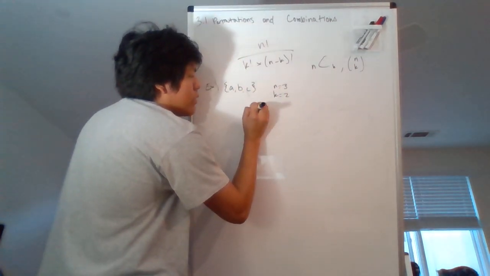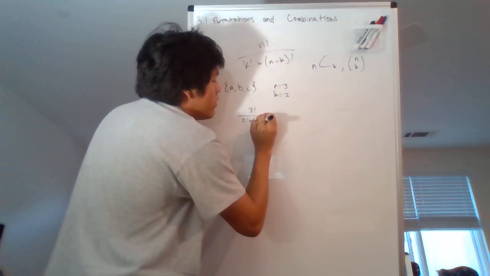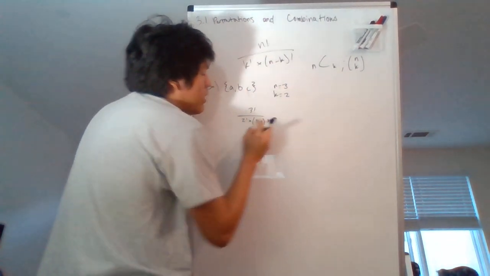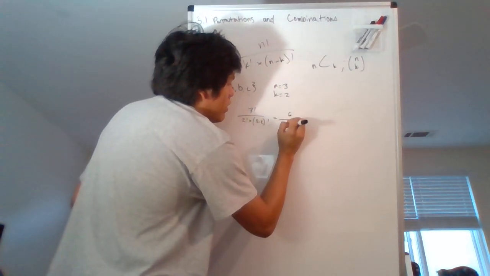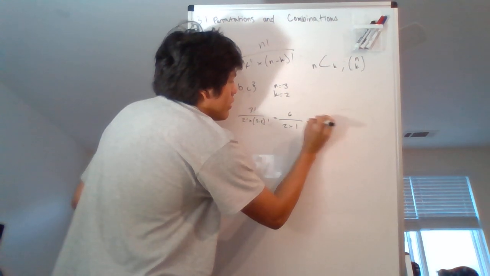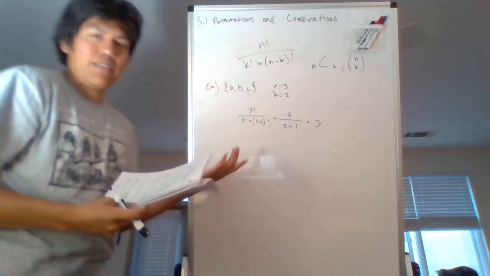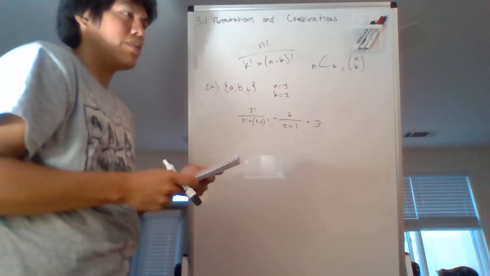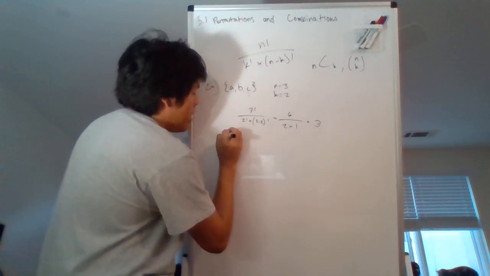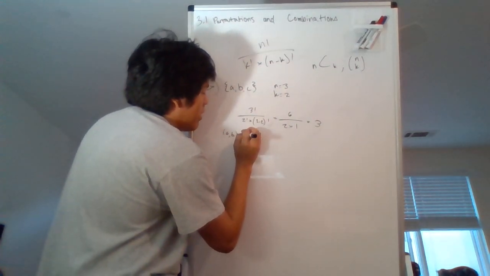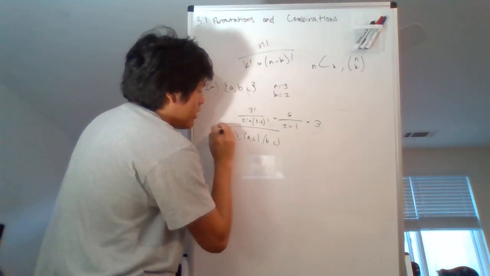Then this is 3 factorial over 2 factorial times 3 minus 2 factorial. So 3 factorial is 6, 2 factorial is 2 times 1, so that's just 3. These are easy to write out. What are all the possible subsets of 2 elements from this set? Well, that would be A and B, A and C, and B and C. And that's it.